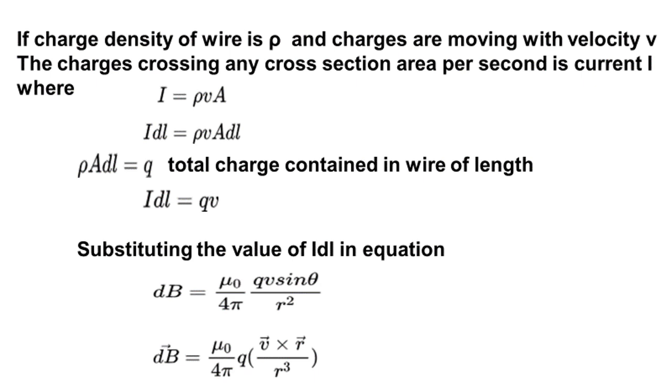So I dl equals Qv. Substituting the value of I dl in the equation, dB equals mu naught upon 4 pi Qv sin theta upon r square, which can be written as vector dB equals mu naught upon 4 pi Q vector v cross vector r upon r cube.